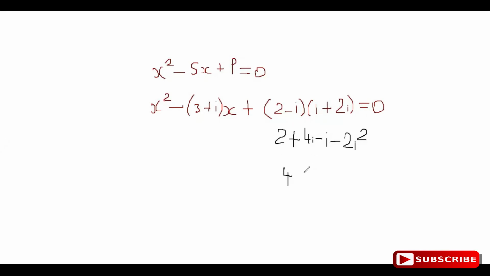Then 4i minus i is 3i. So we get 4 plus 3i. So we're looking for x squared minus 3 plus i times x plus 4 plus 3i. That's what we're looking for.